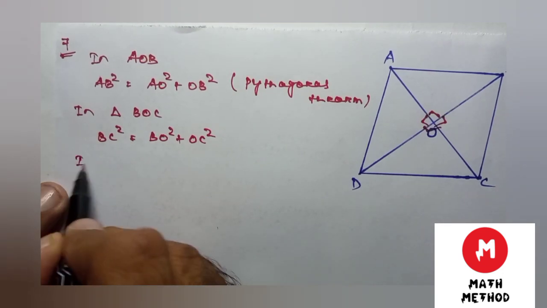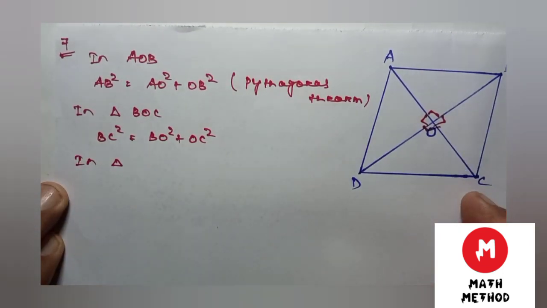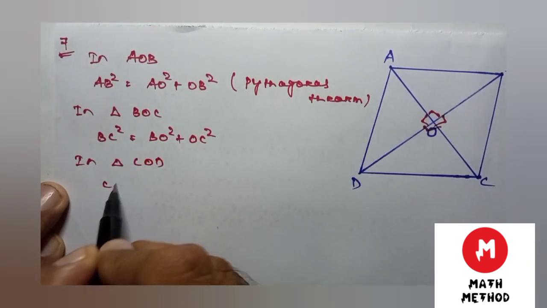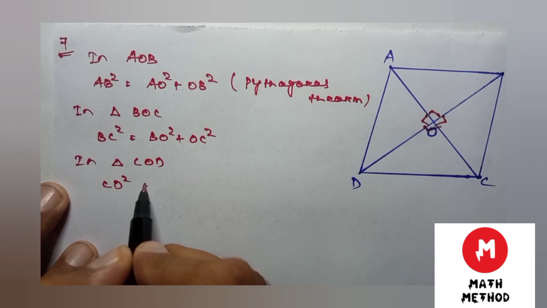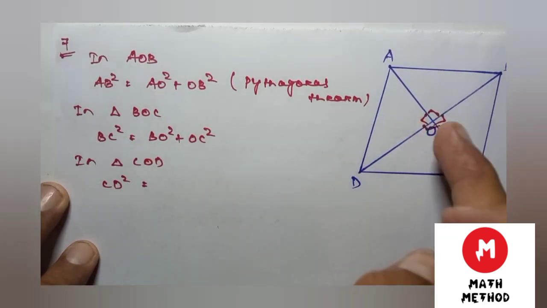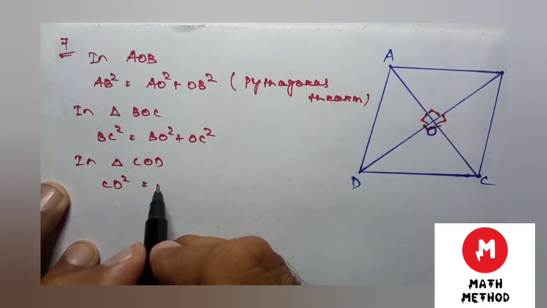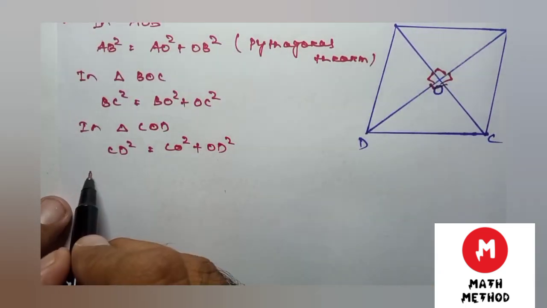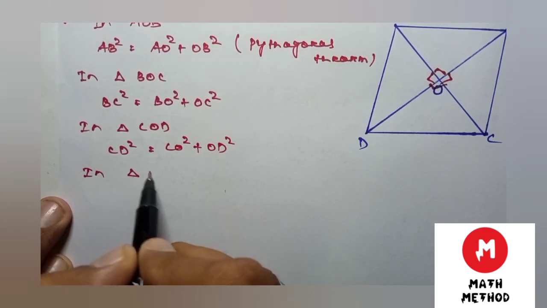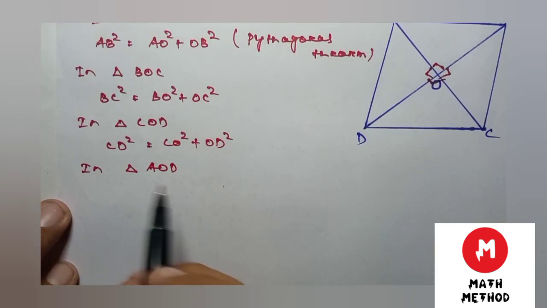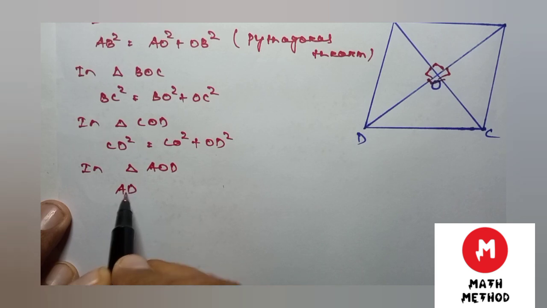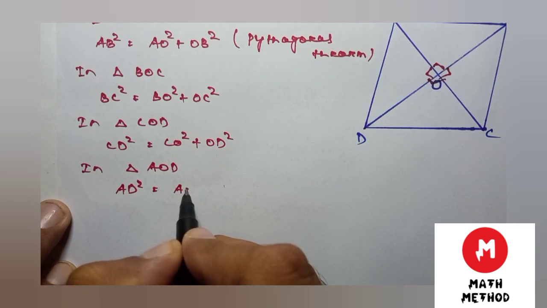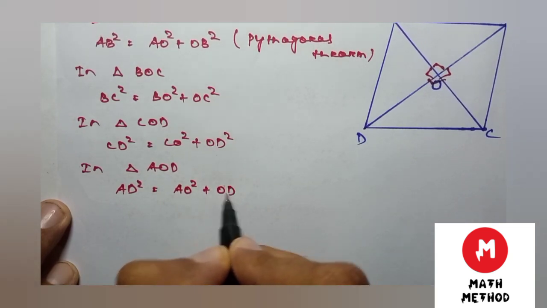And in triangle COD, similarly CD square is equal to CO square plus OD square, and in the last triangle AOD, AD square is equal to AO square plus OD square.